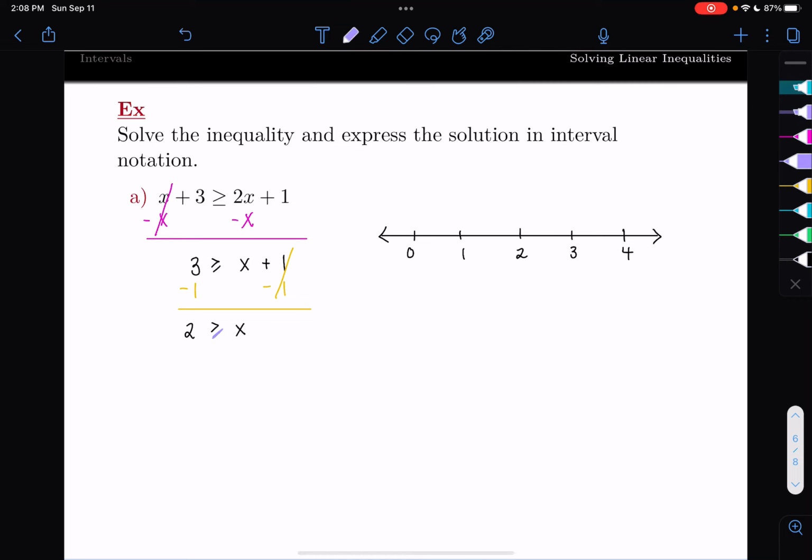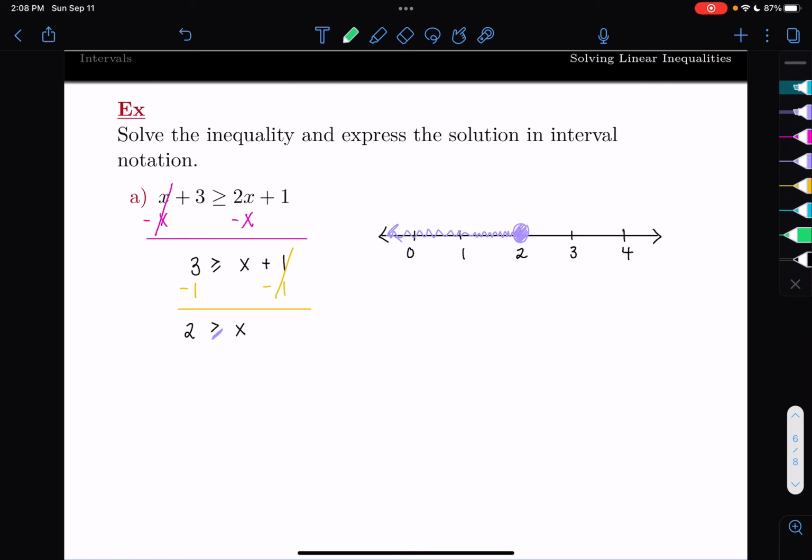We've got this bar underneath, so that means we can actually equal to. So here we're going to have a closed-in circle. And now ultimately what this is saying is I can take all x values that are less than or equal to 2 if you rearrange this. Where basically 2 is the biggest number. So remember, the inequality points towards the biggest thing. So that means we're going to shade the left-hand side here.